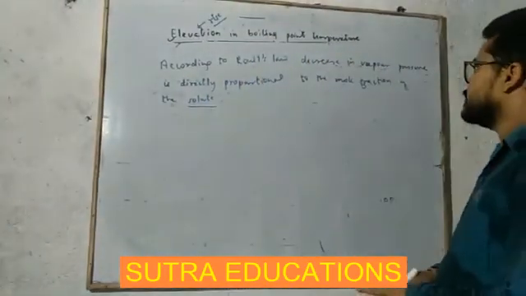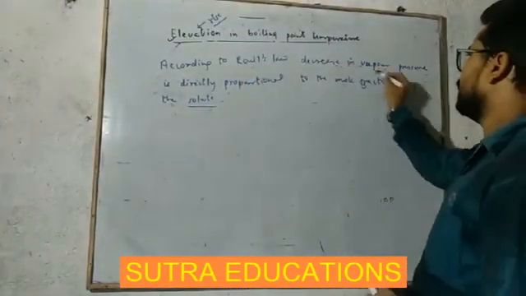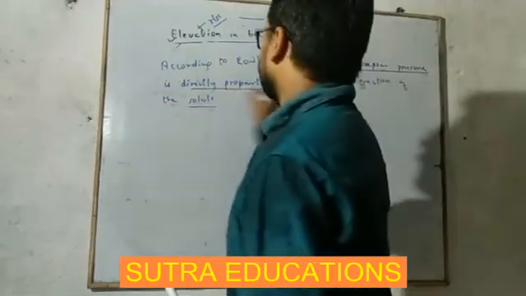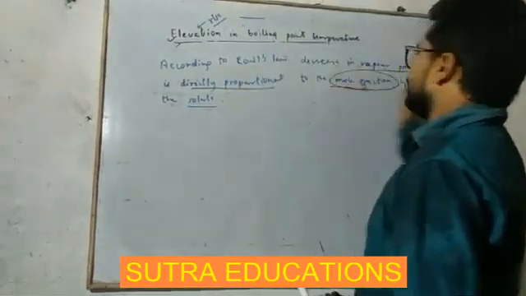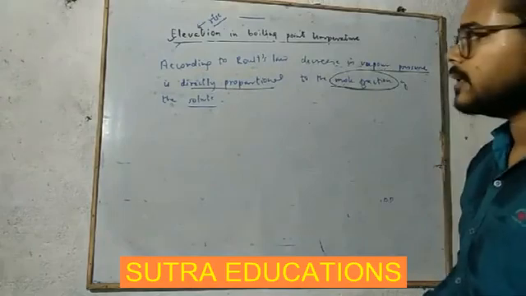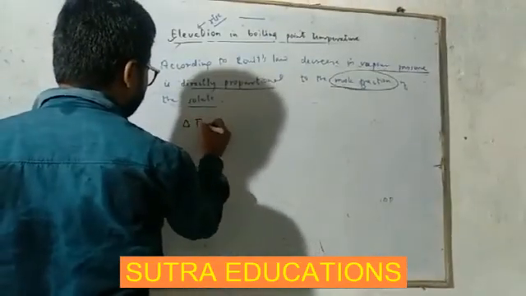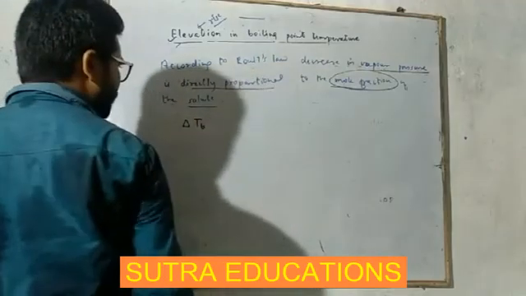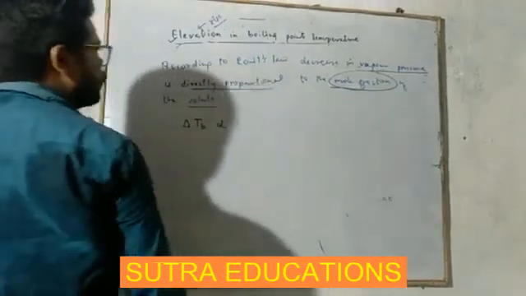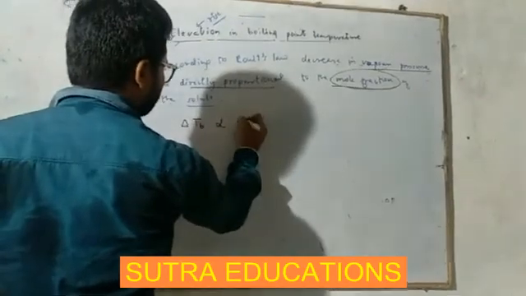Okay, according to Raoult's law, decrease in vapor pressure is directly proportional to the mole fraction of the solute. And I have told you this delta Tb, elevation in boiling point temperature, is directly proportional to the decrease in vapor pressure.